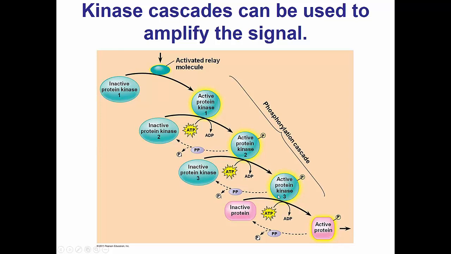So now your third kinase is active, and your third kinase can go on and phosphorylate something else to have an effect. So in this kinase cascade, you can imagine that the first kinase would activate many molecules of the second kinase, which would activate many molecules of the third kinase. So we're getting more and more molecules involved in the signaling pathway at every single step.